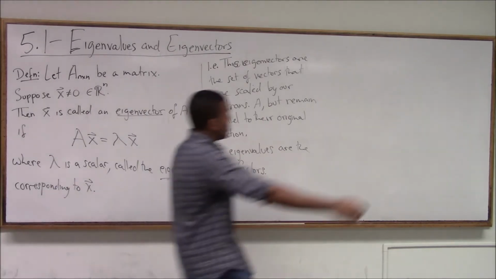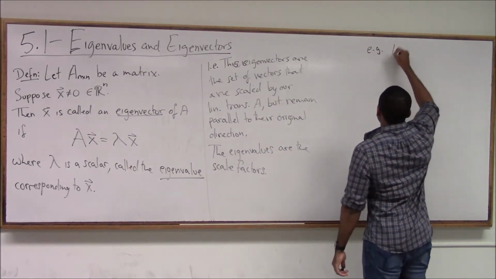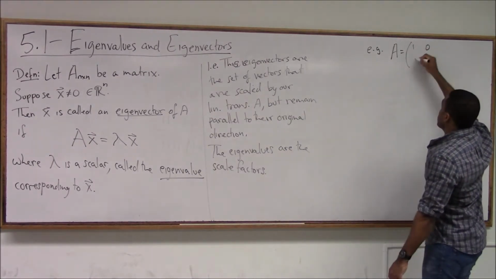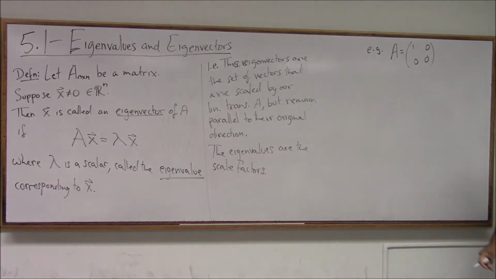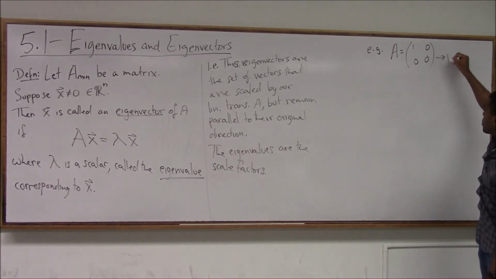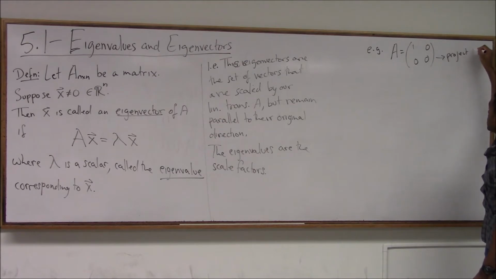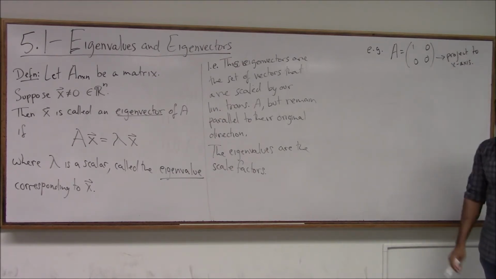So for example, if you look at the matrix 1, 0, 0, 0, we saw what that did. This was the one that told us to project to the x-axis if we're in R2, right?